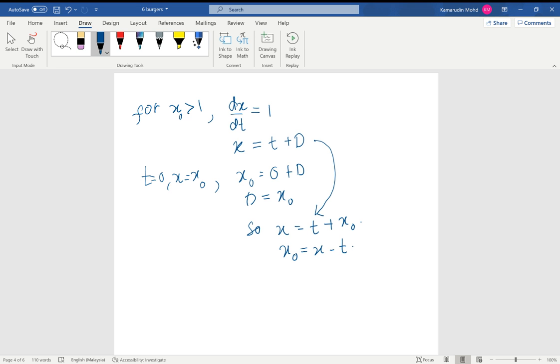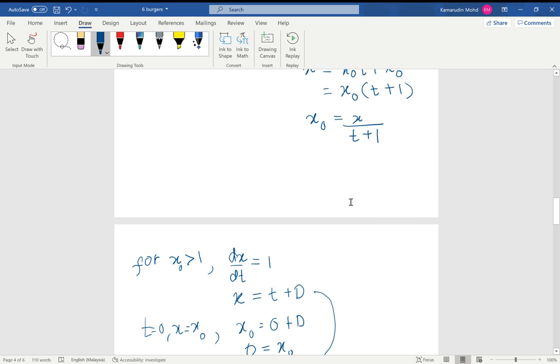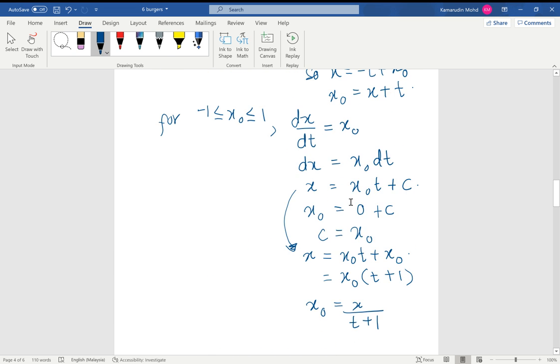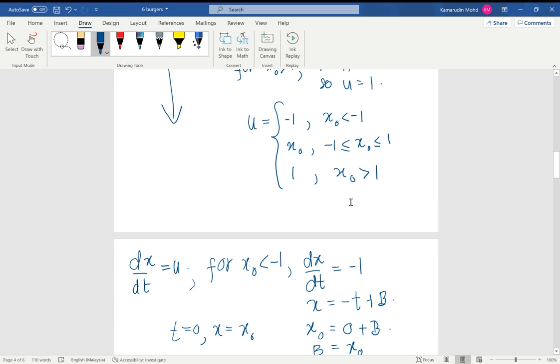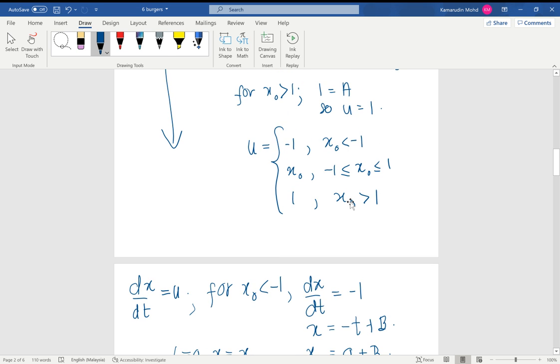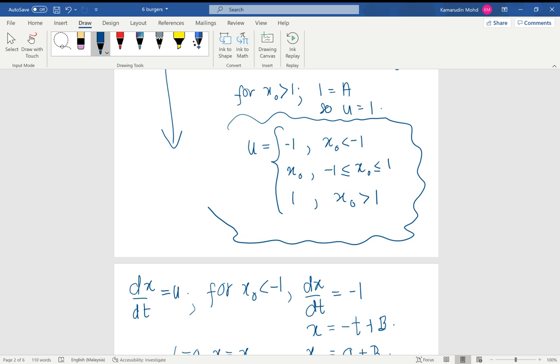Before this we have solved the equation for u. This is a solution that we already have for u. But the problem is the solution still contains x naught, which is unknown.